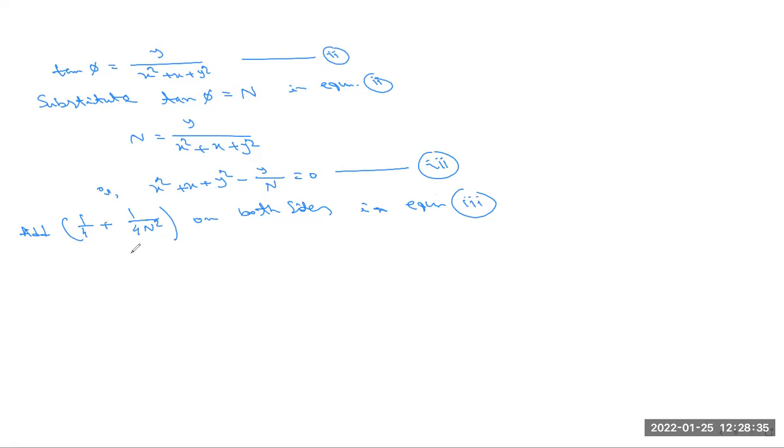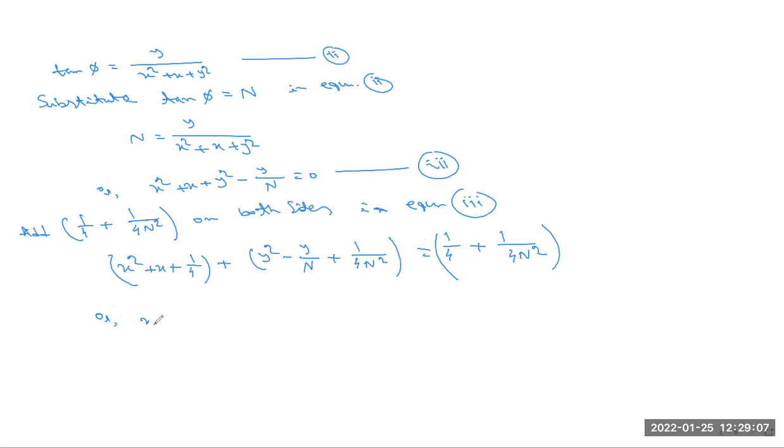Equation 3 is coming: x squared plus x plus 1 by 4, plus y squared minus y by n plus 1 by 4n squared, equals 1 by 4 plus 1 by 4n squared. Now we have to calculate it.